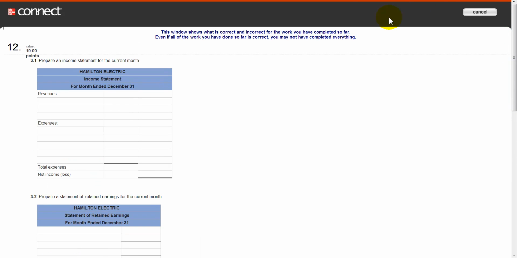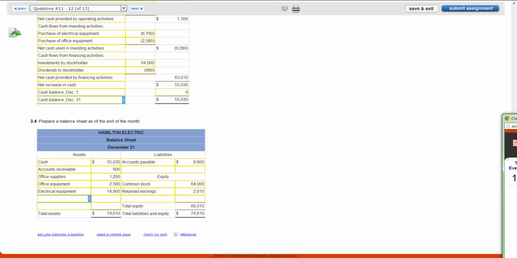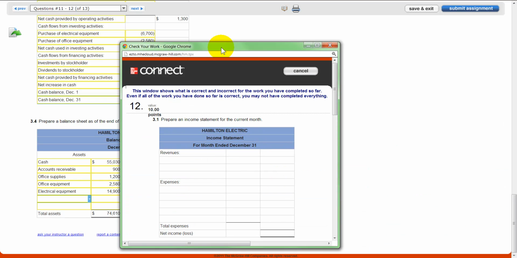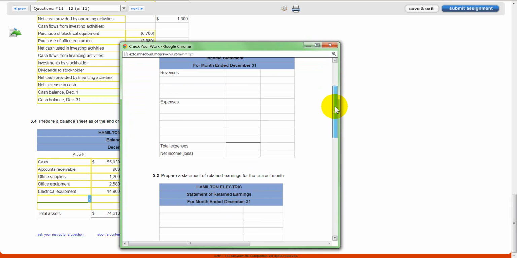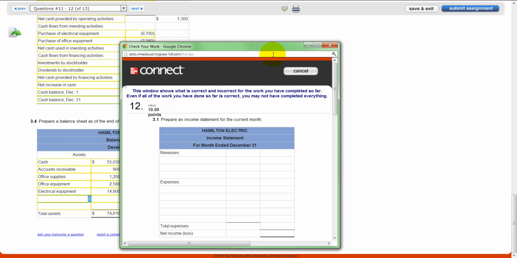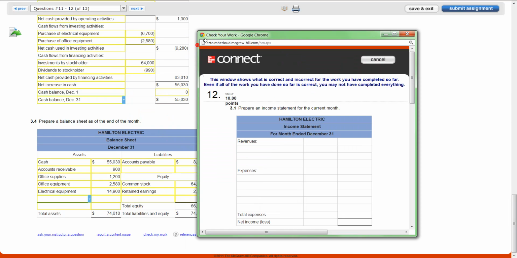Did I do something wrong? I'm not sure what I did wrong. It shows empty here. Anyway, hopefully it'll work for you. I think I've just used up one of my chances, even though you can see I have all my numbers in here.